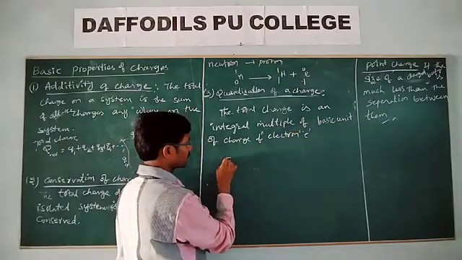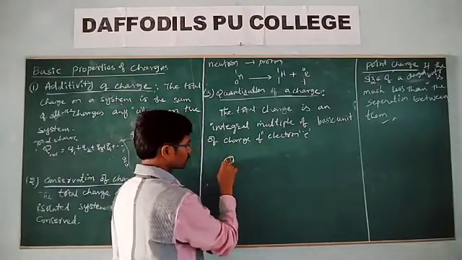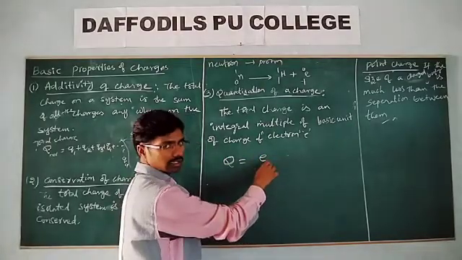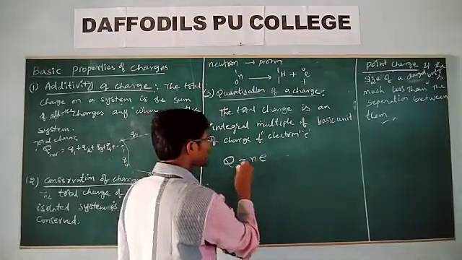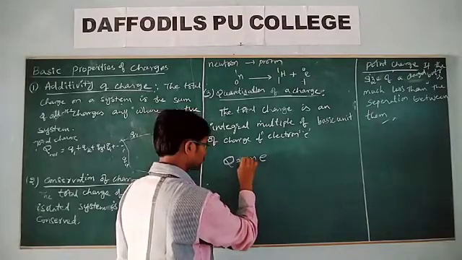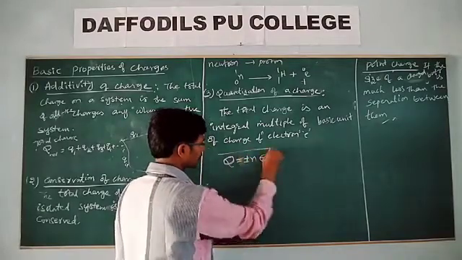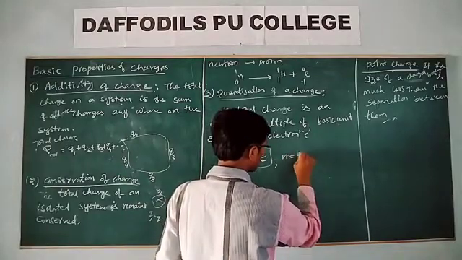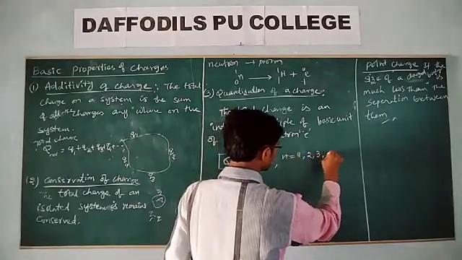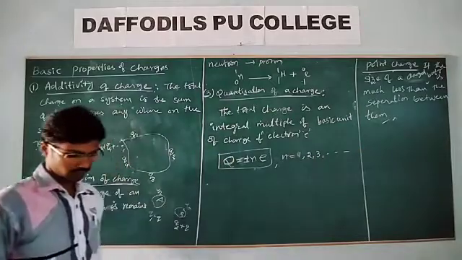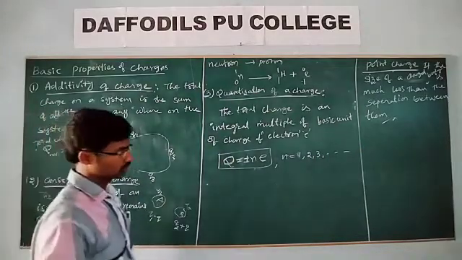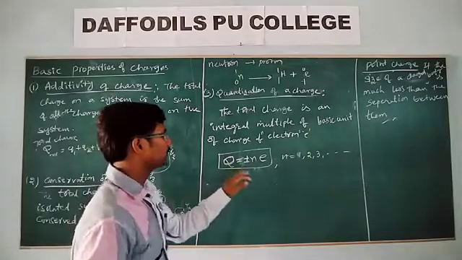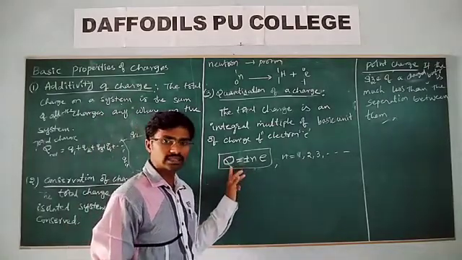That means, let me take here, Q is equal to plus or minus N e, where e is the charge of the electron and N is nothing but 0 or 1, 2, 3 and so on. Is it okay? 1, 2, 3, 4 integers. Here Q is the total charge.